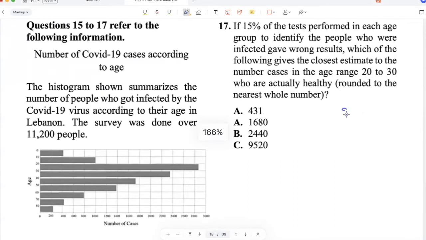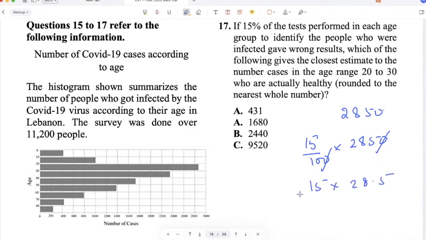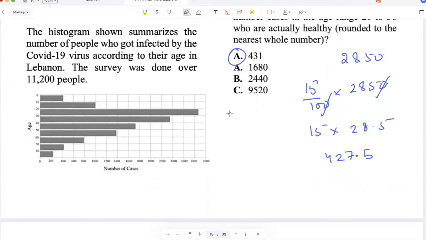So about 2,850 and 15% got the wrong result. So 15% of 2,850 were healthy. So this cancels, and yeah, so 15 times 28.5, 15 fives are 75, carry 7, 127 carry 12, 427 point something, so about 431. Okay.